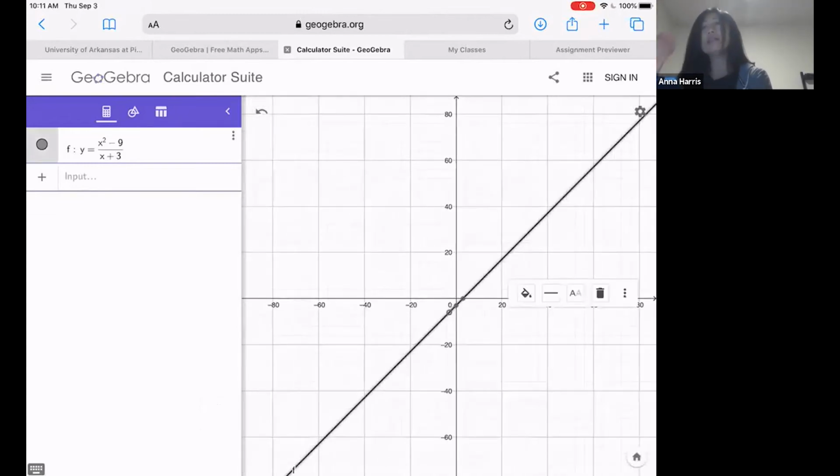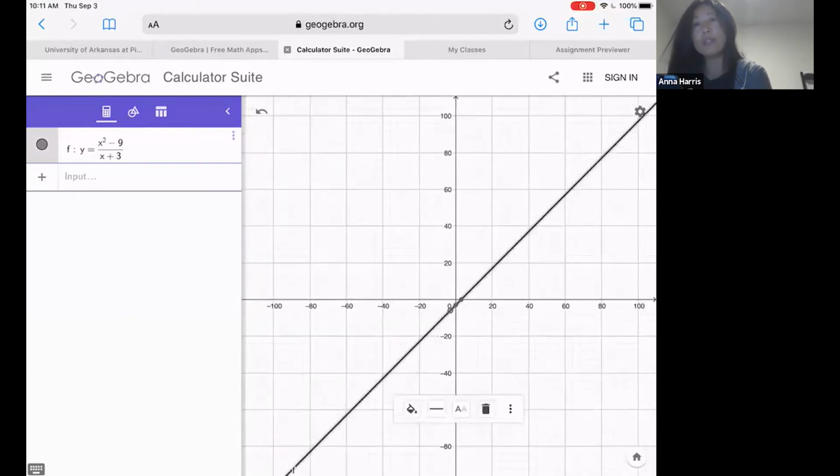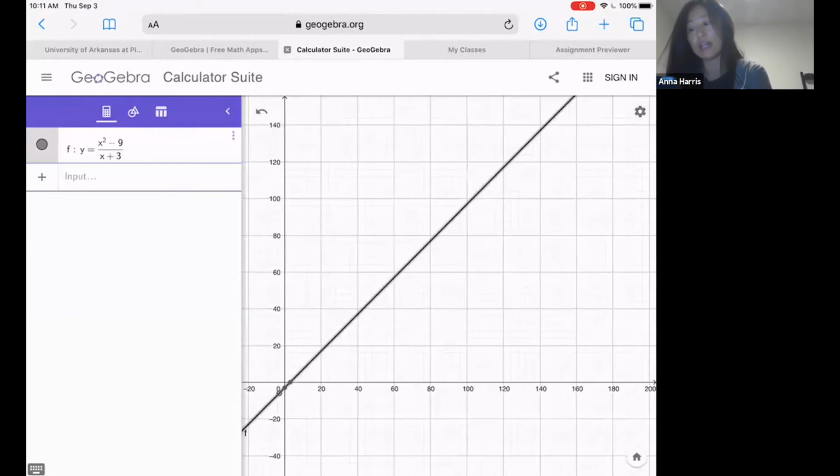But a lot of the time I like to use Desmos, because I can just plug in numbers and easily calculate, like if I want to find f of -3 or f of 2. In GeoGebra I'm not really sure how to do it, because it doesn't easily show me. You can probably look into this if you want to use GeoGebra, but that's what the graph looks like.